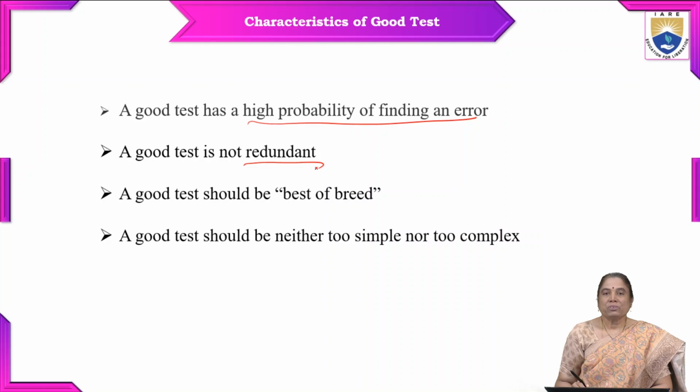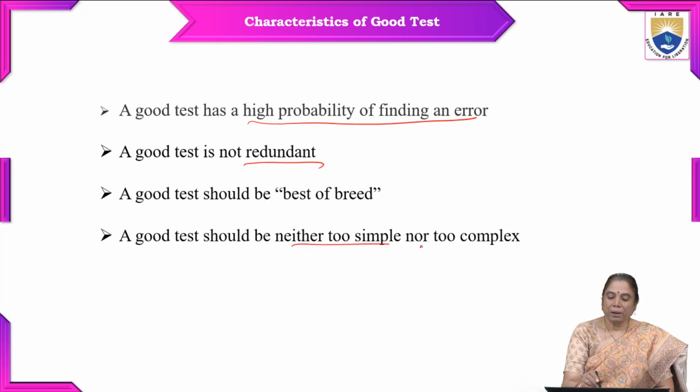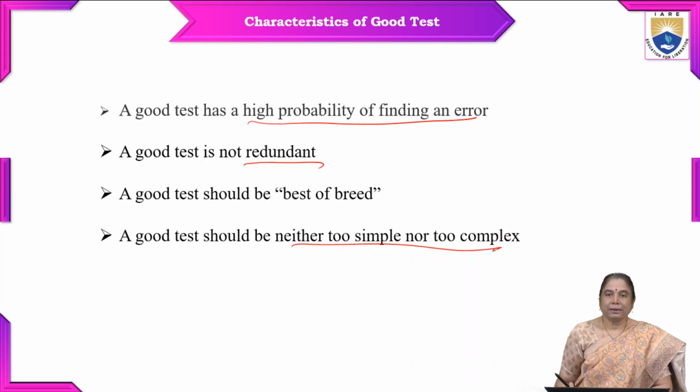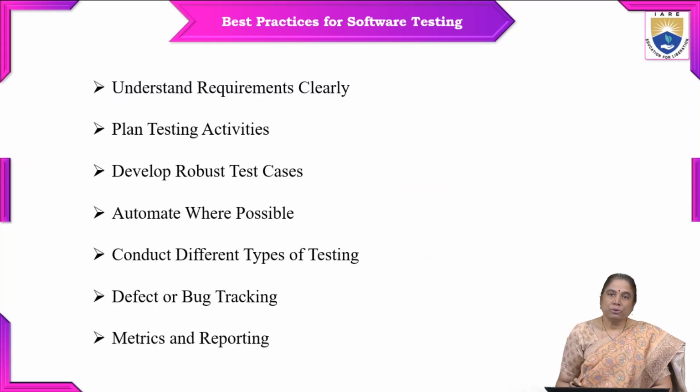The test must be best of breed. It must focus on the functional requirement of the objective to test. And a good test should be neither too simple nor too complex. These are the basic characteristics of a software test. So, a good test should identify the defects in order to avoid the risk of failure to the user.